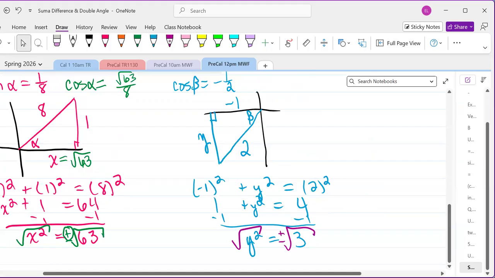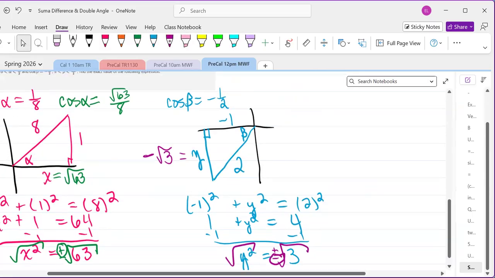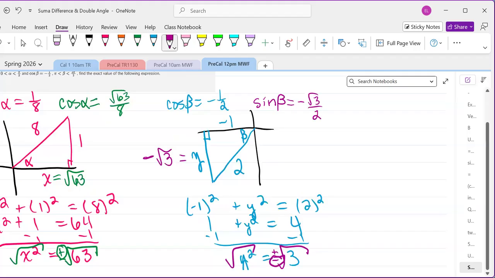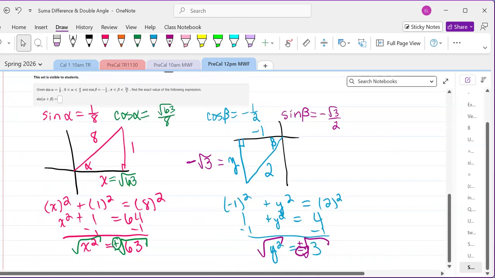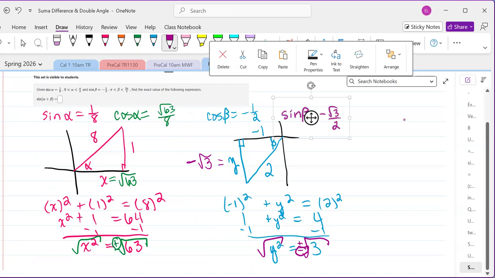The y side, the opposite side, is going down in quadrant 3. So we are going to choose the negative square root. So y is negative square root of 3. And now I can write down that the sine of beta is negative square root of 3 over 2. So I've got sine alpha, cosine beta, and sine beta. Now I have enough information, I can answer the original question, the sine of alpha plus beta.